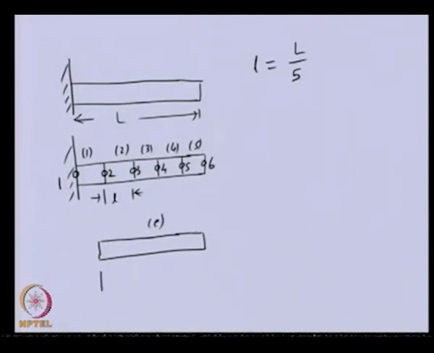To define the location of this element, I am attaching a coordinate system which we call the local coordinate system. In the actual system, we can have a coordinate system which I should call capital Z. So, this defines an axis system which is the global axis system.